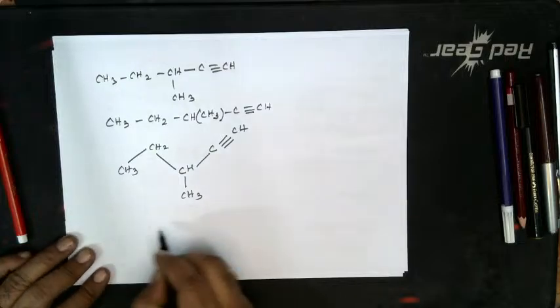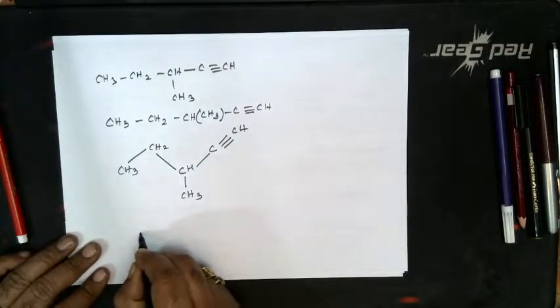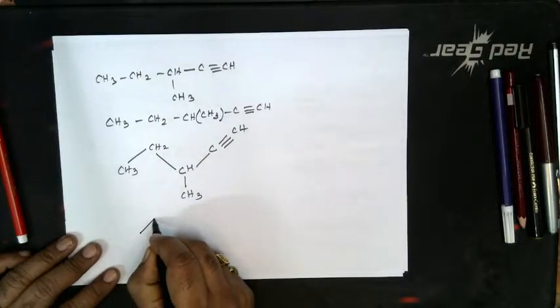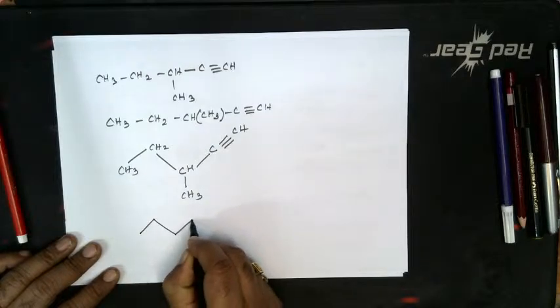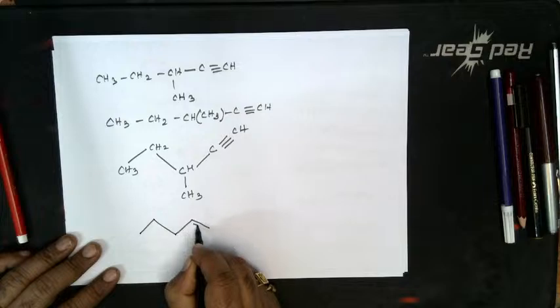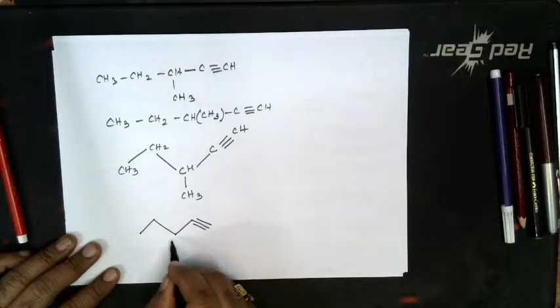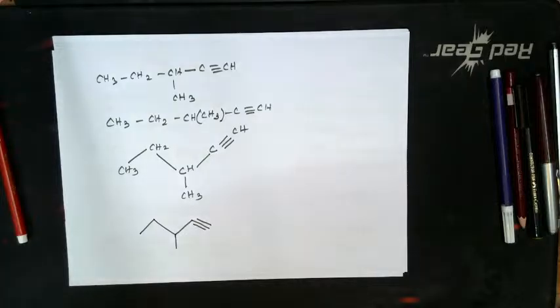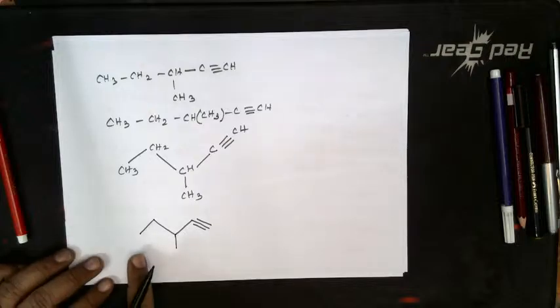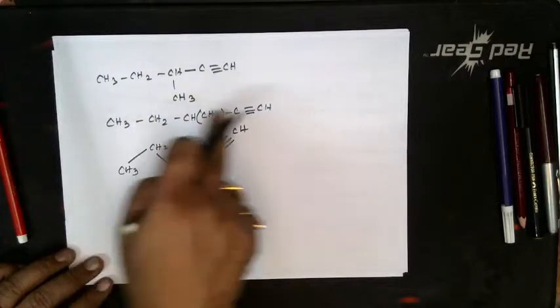And you can represent it by a simple bond line also. Here also there is a methyl group. It's a simple way to write. Do you understand this? Yes. Got it? So you should be able to convert the bond line into a chain structure also.